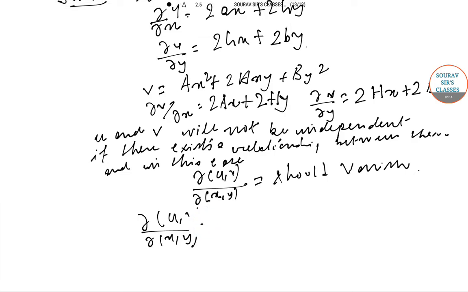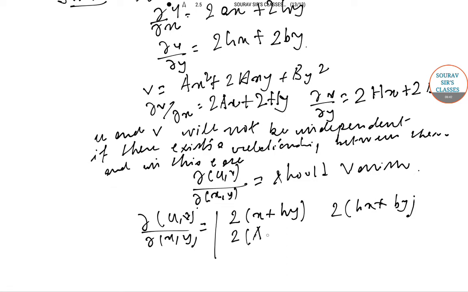Now duv by dxy is equal to 2ax plus hy, 2hx plus by, and then 2ax plus hy, 2hx plus by, and that must be equal to 0.